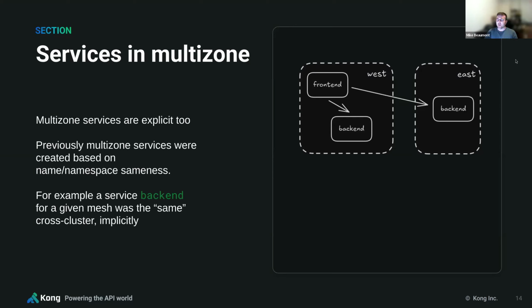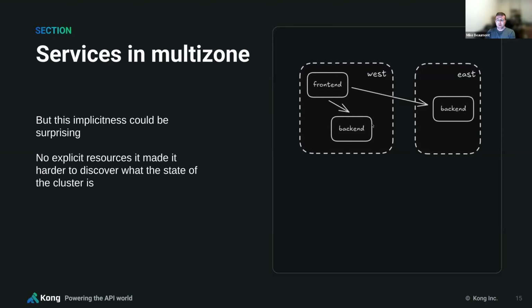And so by default, as a front end, you would get traffic sent to any of the zones, and then you could control this, but it was a kind of strange default where you have to opt out of kind of complex behavior that should really be an opt-in situation. Yeah, this was this namespace sameness idea, which you can still do, but it was a bit surprising that it was the default.